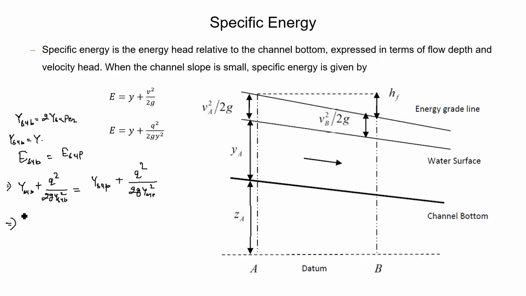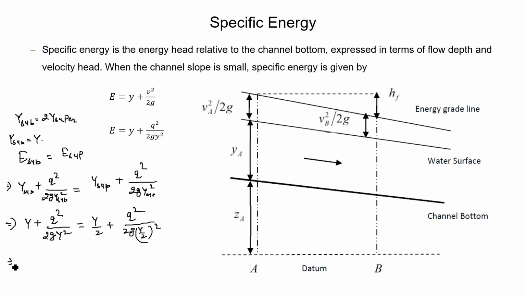Now, y sub has the value y, and y supercritical can be written as y sub by 2. So, we can write this as y by 2 plus q square divided by 2g (y by 2) square.